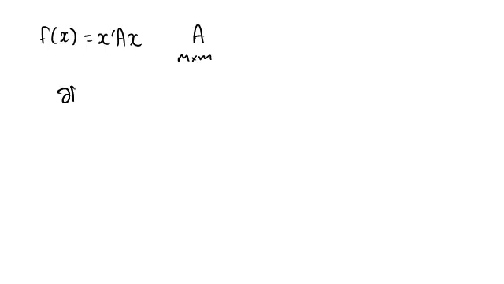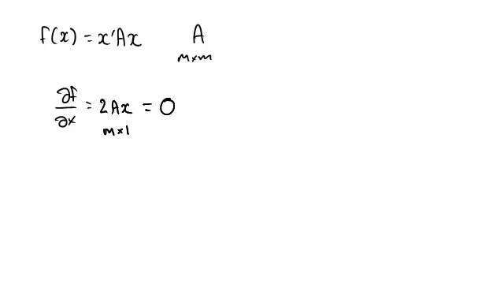We've seen before that the derivative of this function is given by 2 times A times x, which is m by 1. So if I want to find a stationary point of this function, I need to find a value of x which makes this into the 0 vector.